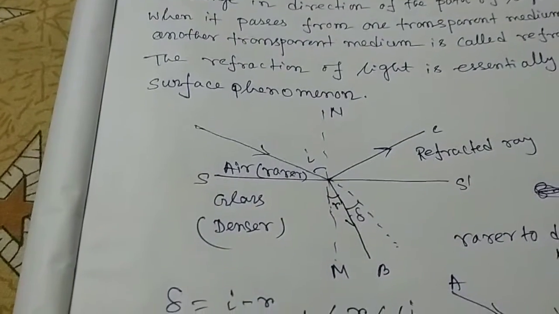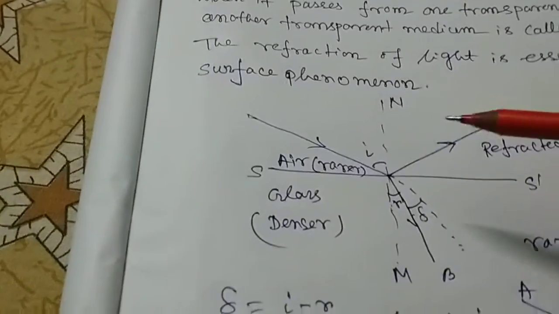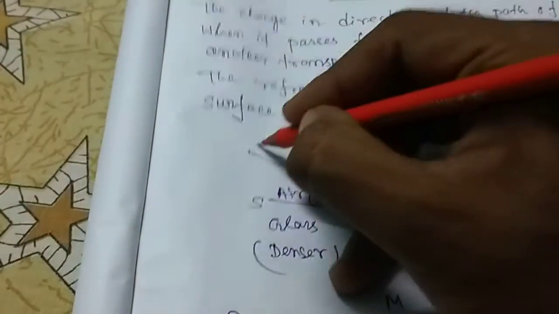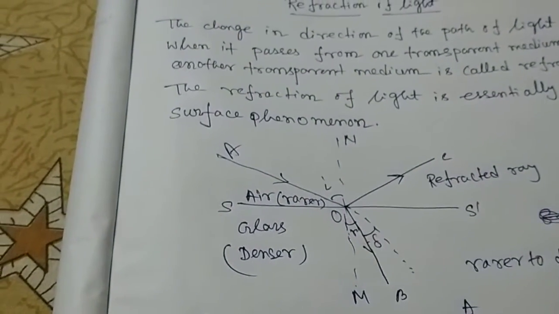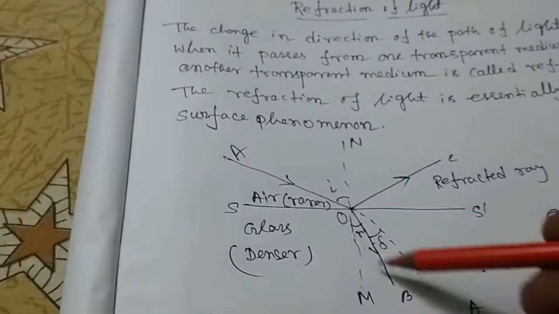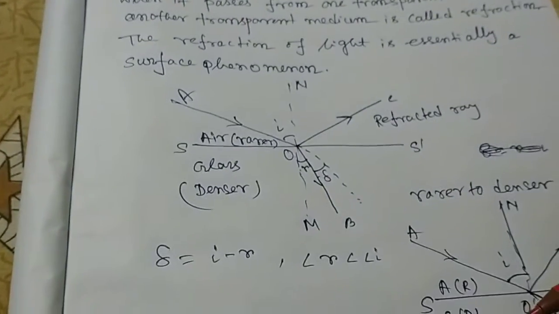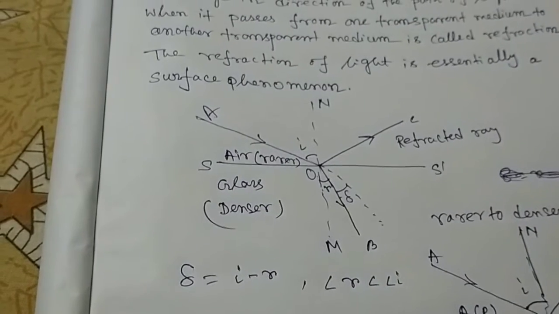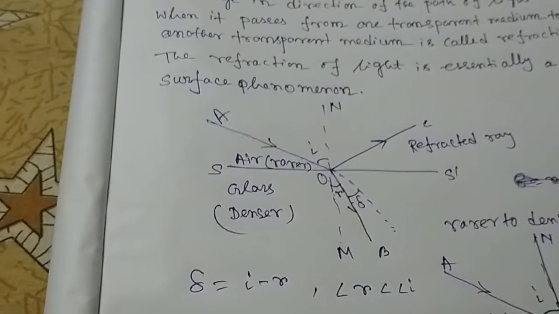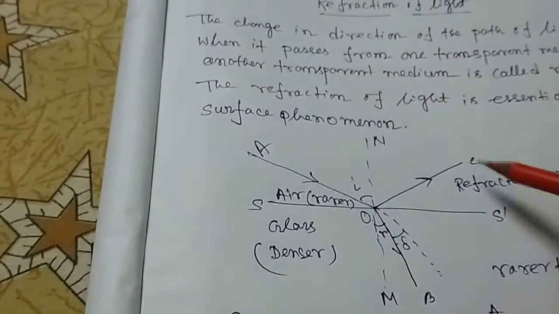For the incident ray AO, the refracted ray is OB. The reflected ray is OC.